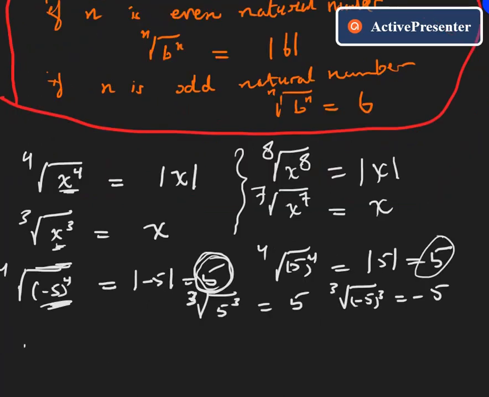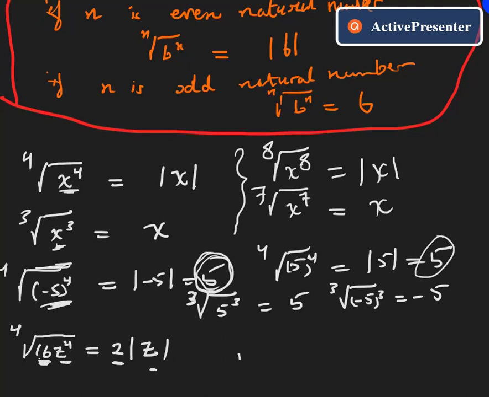If we say the 4th root of 16 z to the power 4, this is equal to what? We know the 4th root of 16 is 2, right? You can put 2 outside, multiplied by the absolute value of z.